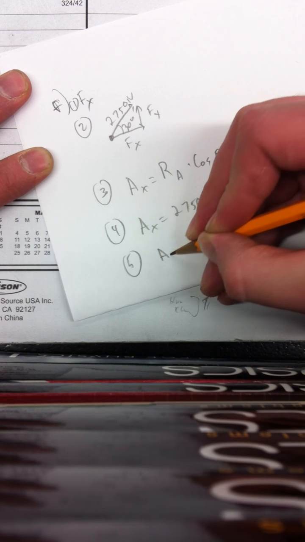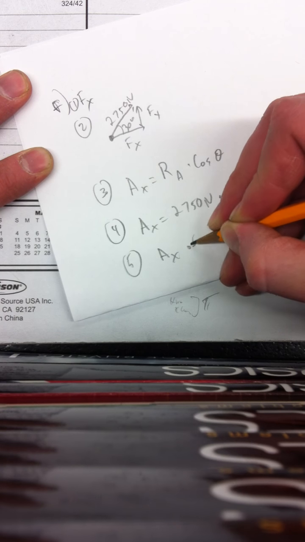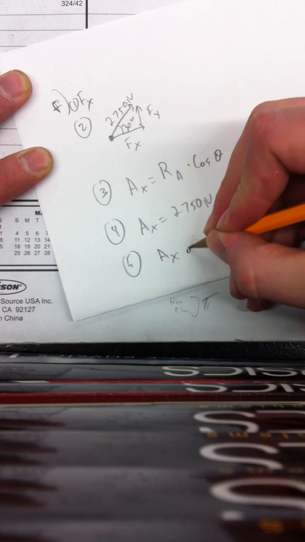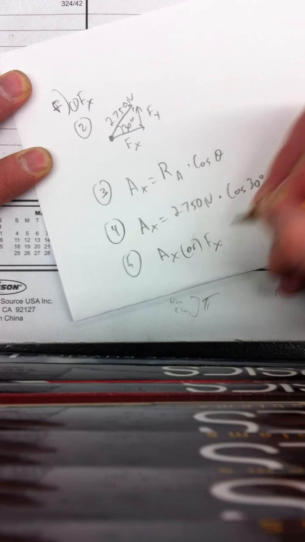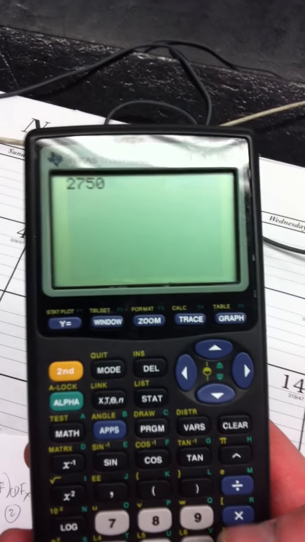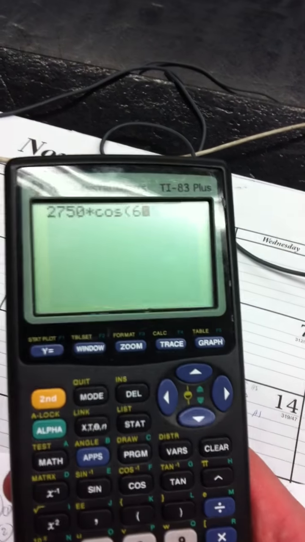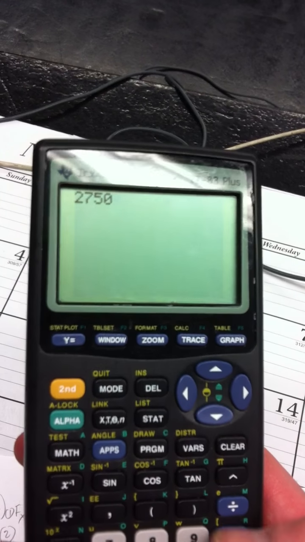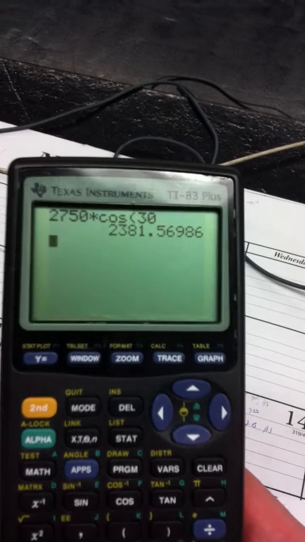Step 5, Ax, or you can call it Fx, mean the same thing, equals 2,750 multiplied by cosine 30.